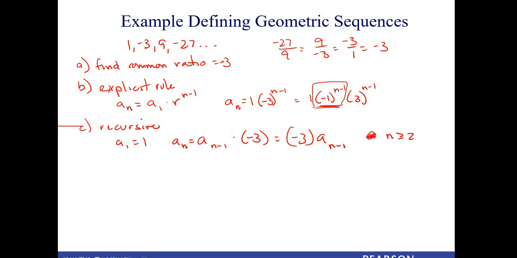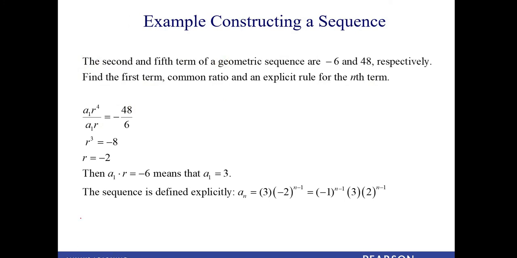Okay? All right. Constructing a sequence. What if I know the terms in the sequence, but I don't know the r value yet? So if I only know the second and fifth term of a geometric sequence, I can first of all work backwards to find some of the information I need.